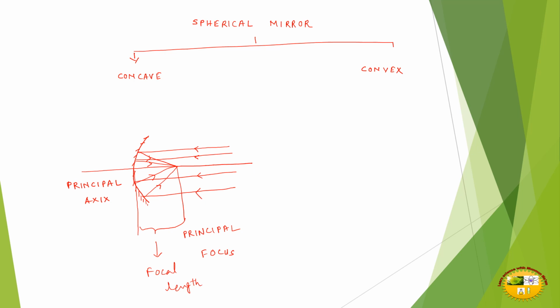In case of a concave mirror, whether real or virtual images form depends on the distance between the object and the mirror. If we keep the object very near to the mirror, we can see a virtual and magnified image.